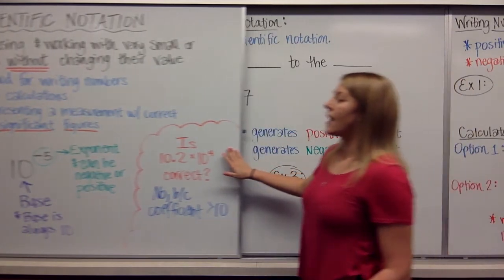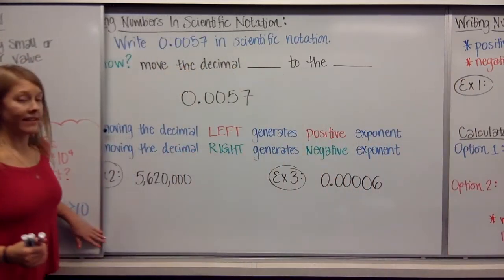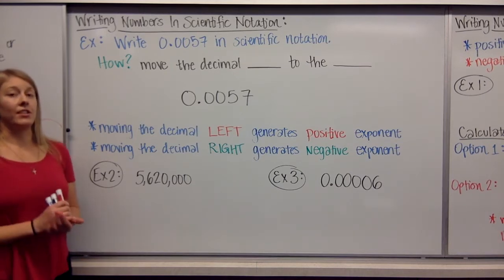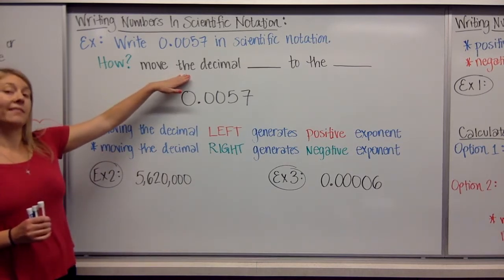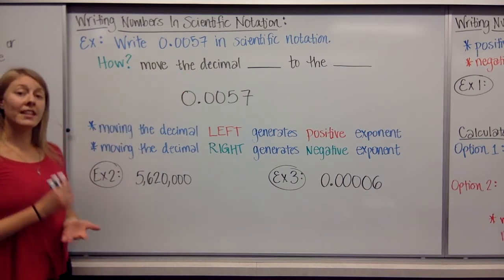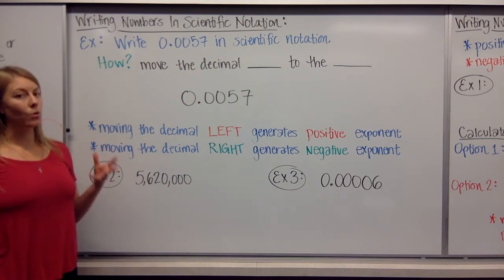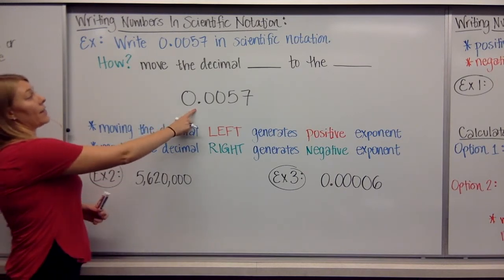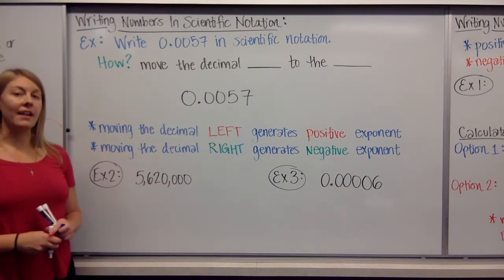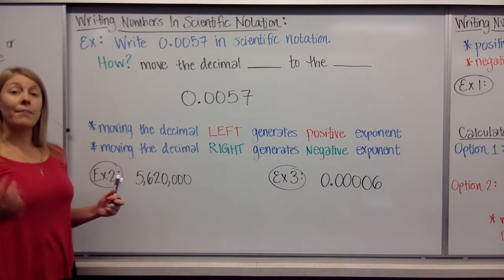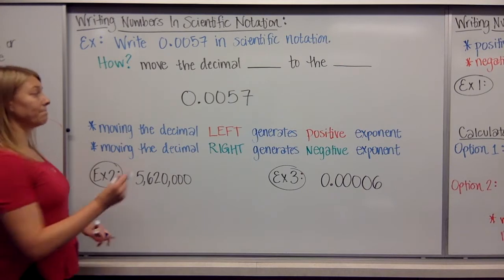Now, how do we actually write that number in scientific notation? When we're writing numbers in scientific notation, like I mentioned, we're moving the decimal. We're going to move the decimal a certain number of places in order to get that coefficient, again, between 1 and 10, okay? So if I have my decimal here of 0.0057, I need to move that decimal until it's somewhere in the number so that my coefficient becomes between 1 and 10.